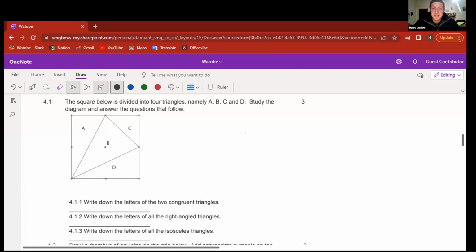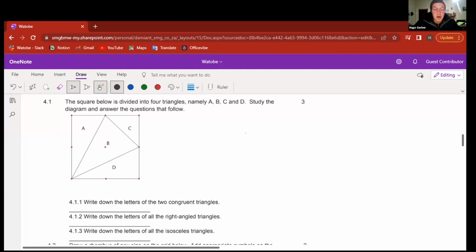Same sides, same angles, okay? So, for example, we can see that B and C is definitely not congruent because C has a whole different shape to B, okay? So try and figure out which ones will be congruent.